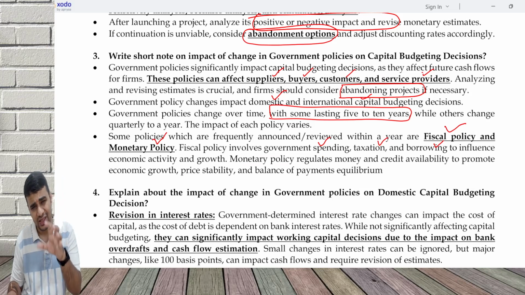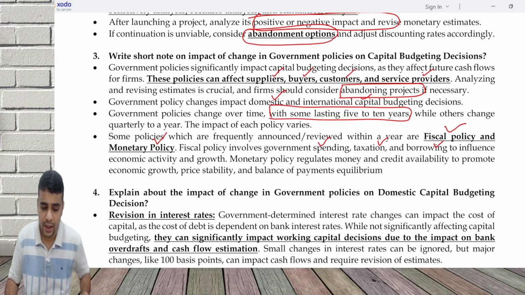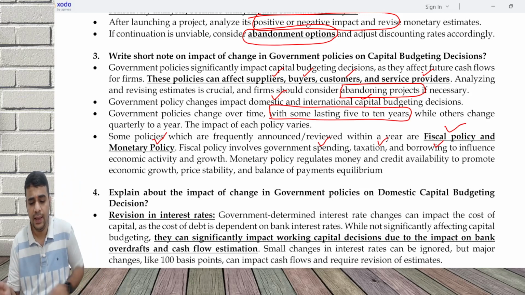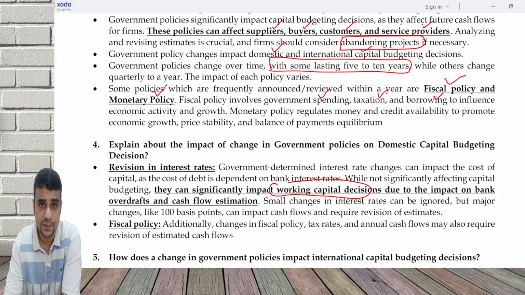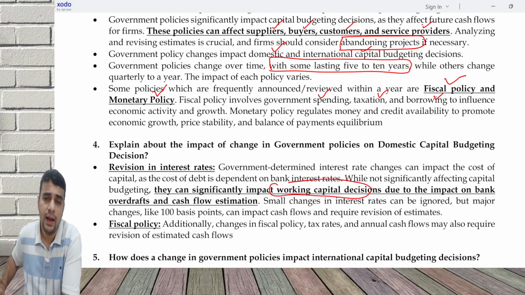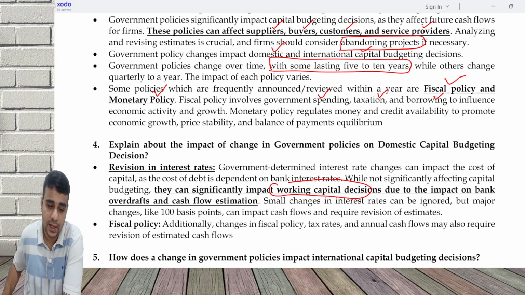Also, when interest rates start going up or going down, it will impact my working capital decision. Because on the working capital side, the availability of money is very critical, and if interest rates are significantly going up, I may have to take a call as to how I manage the working capital requirement.